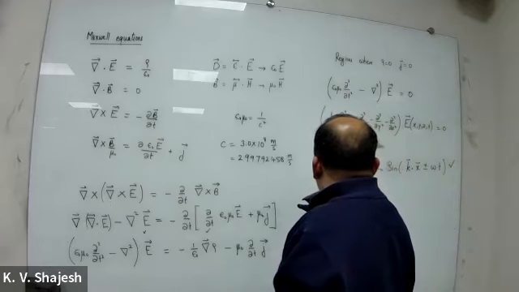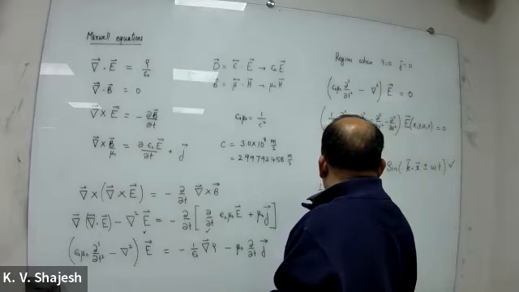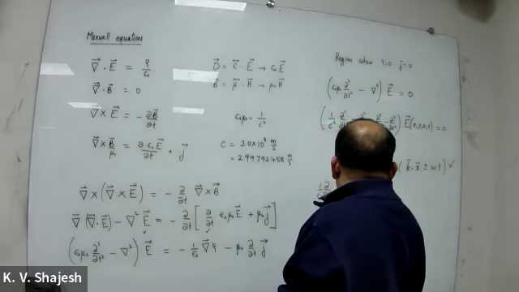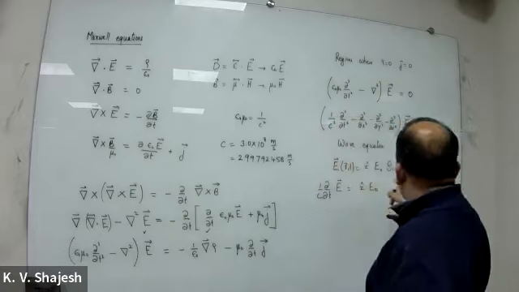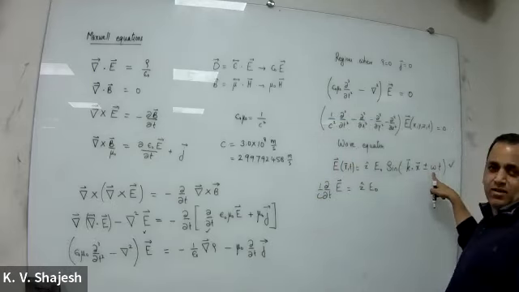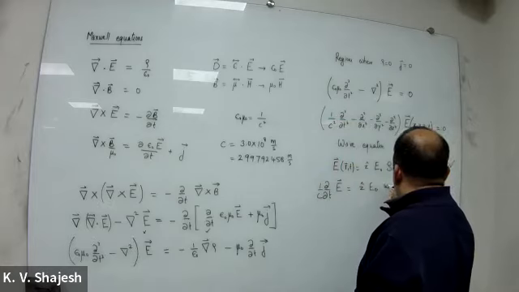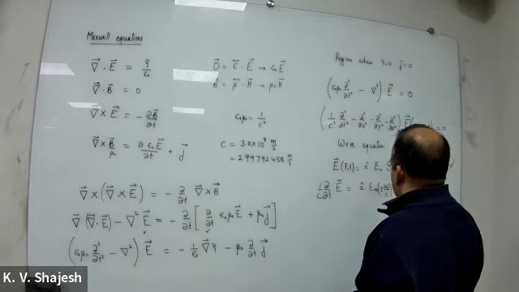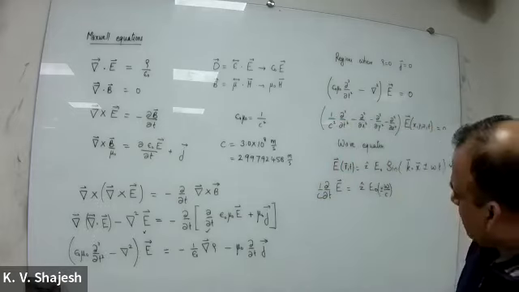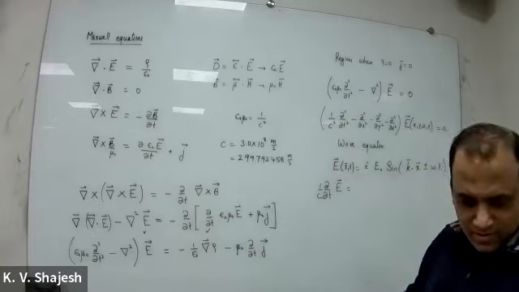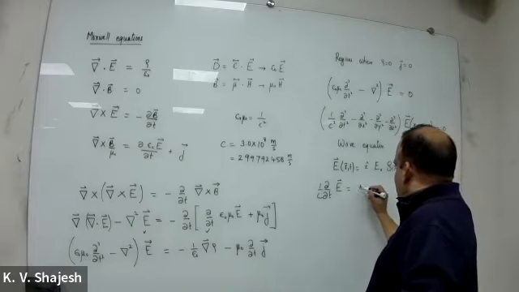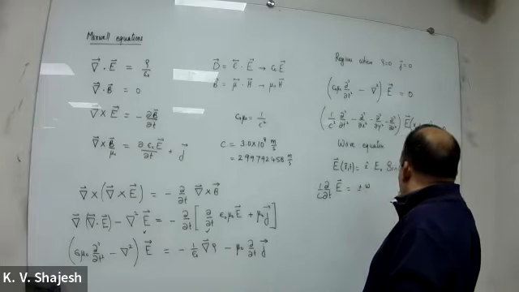So the time derivative of E, 1 over c. Everything remains the same, E naught, because of this time derivative, a plus or minus omega comes in. So that is plus or minus omega over c.